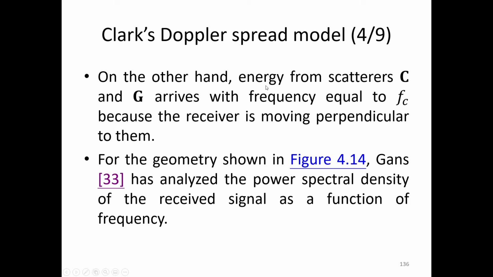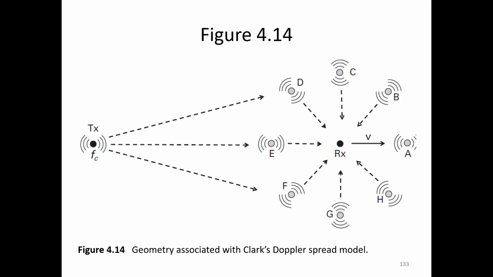We can see that energy from the scatterers C and G arrives at the receiver, and the frequency is equal to Fc, because the direction of the receiver's movement is perpendicular to the CG line segment.